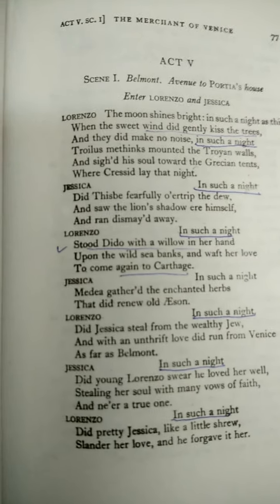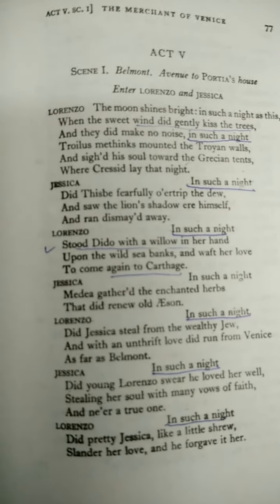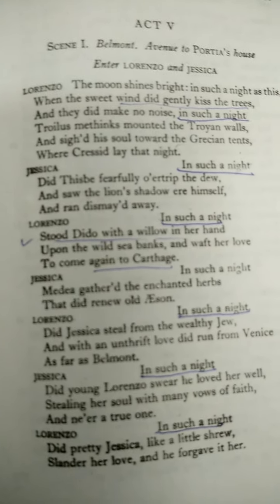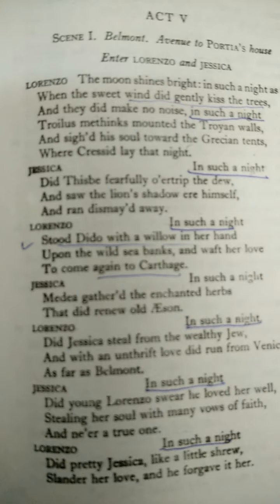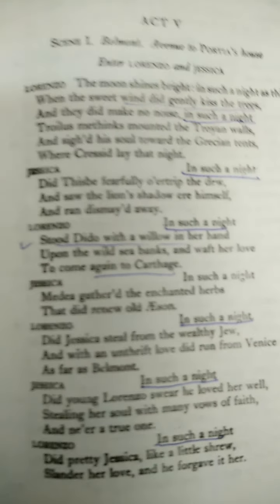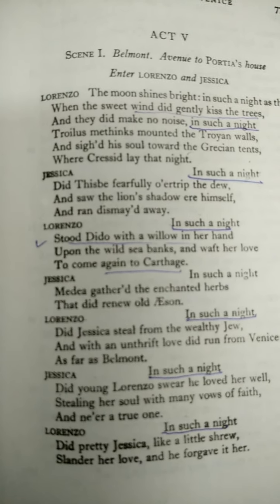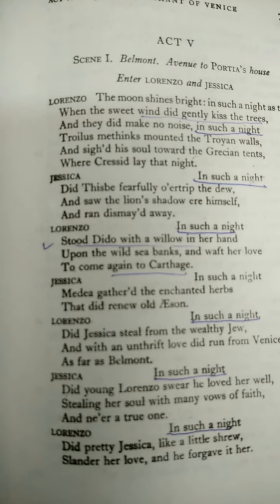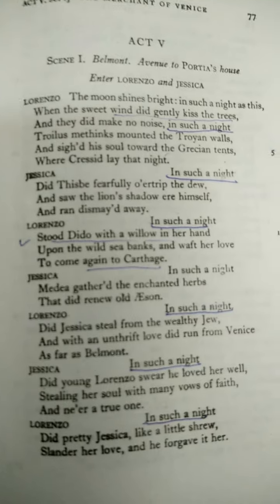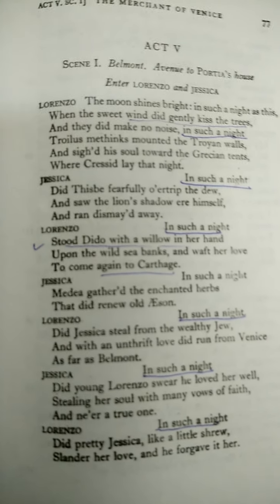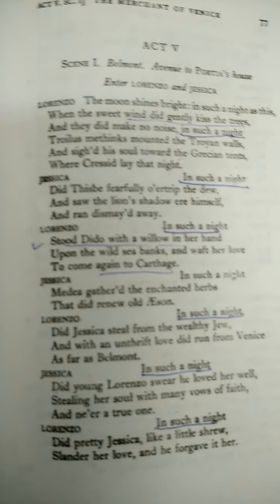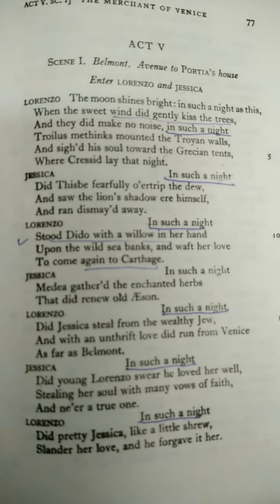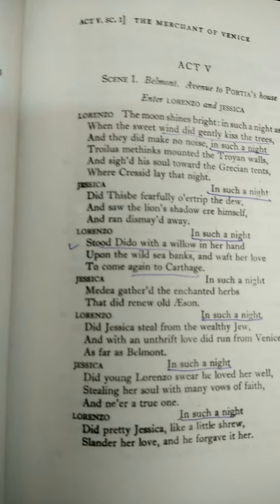So first of all, this kind of bonding, affinity, and intimacy between the two, and the dramatic significance of this also, because they are in a way a connecting link between these two stories. Lorenzo is a very close friend to Bassanio and Antonio, and Jessica is daughter to Shylock. It must be clear to you now, and your concept should be absolutely clear about this.